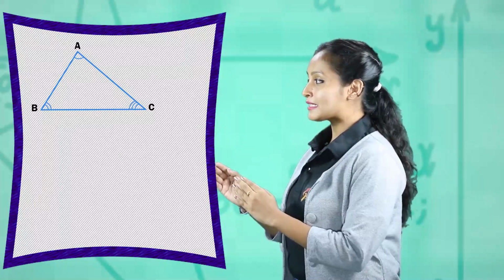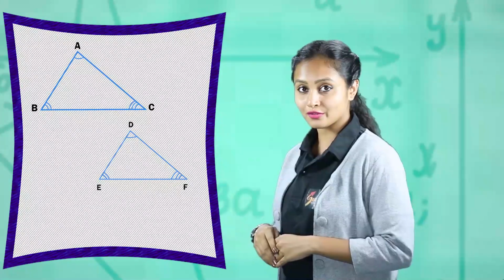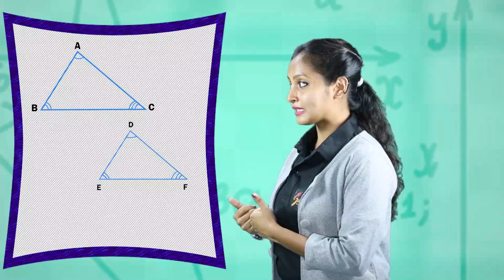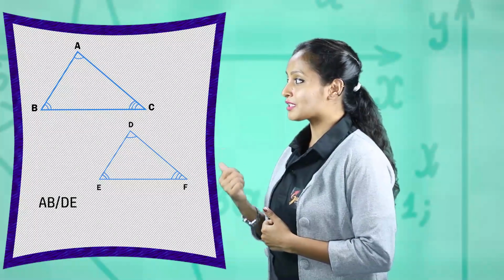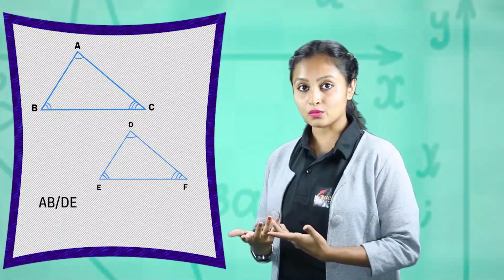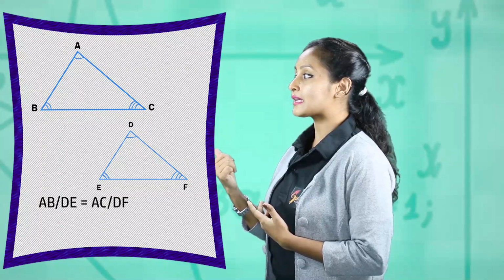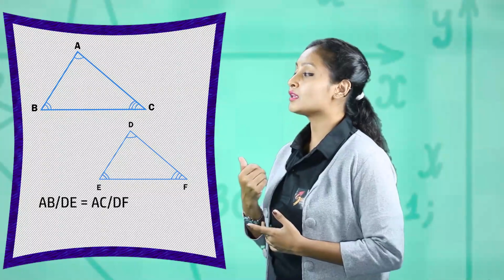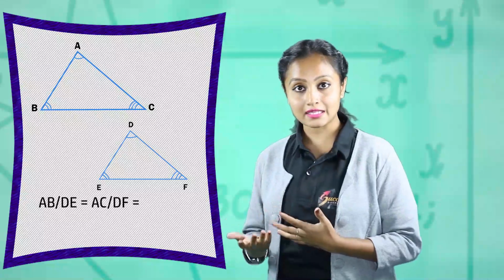Now let us consider triangle ABC and triangle DEF. Here we see that AB divided by DE is equal to AC divided by DF is equal to BC divided by EF.